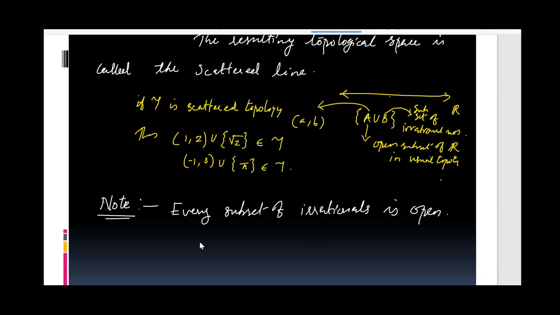Consider pi. The set {pi} is a subset of the irrationals, denoted Q minus.